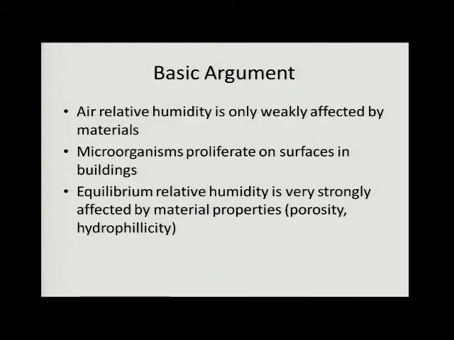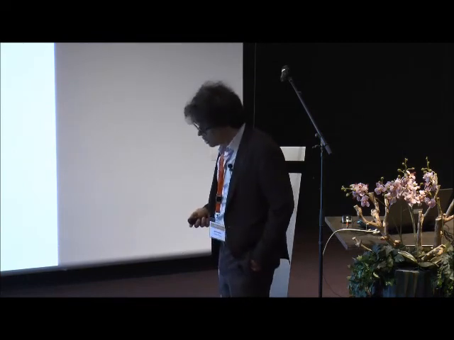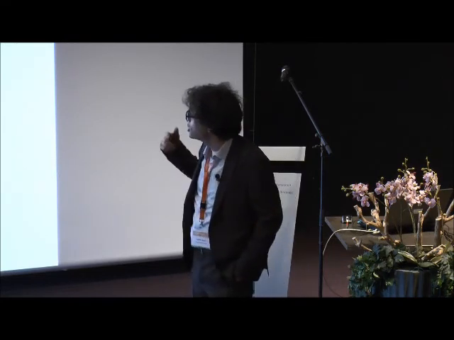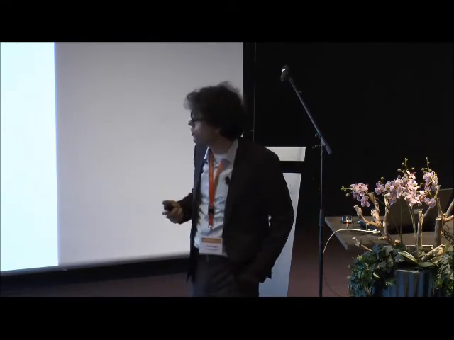So the basic argument that I and others make about why we think equilibrium relative humidity is more microbially relevant is, first of all, air relative humidity, for instance in this room, is only weakly affected by the materials in this room. It's affected by a lot of other things much more strongly. But generally speaking, whether we're talking about inside surfaces or interstitial surfaces or outdoor surfaces, microorganisms proliferate on those surfaces.